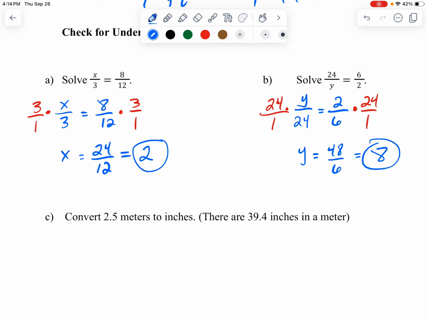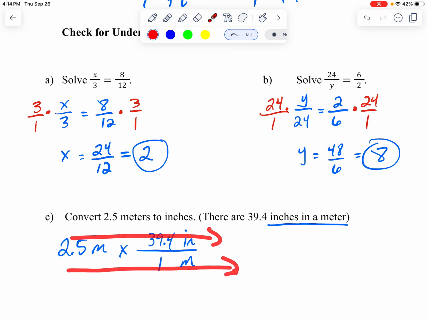And finally, converting meters to inches. It gives us a nice conversion rate here, so this is just going to be a one step. 2.5 meters times, my conversion goes inches to meters, so meters has to go on the bottom, inches on the top. 39.4 inches per 1 meter.